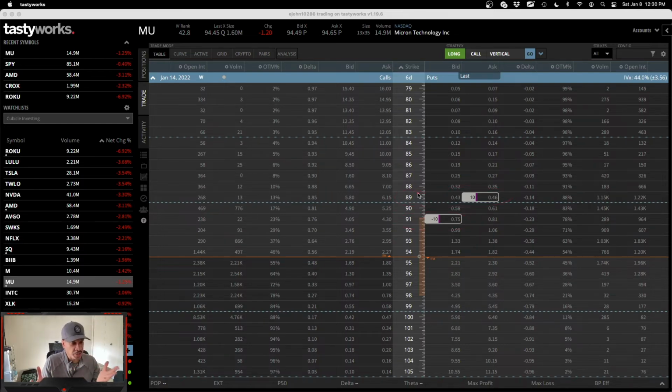So that creates a spread. So this here is a $2 wide spread. So it's the difference between 91 and 89, right? And I sold basically 10 contracts of this bull put credit spread on MU. The expiration date is January the 14th. So that's 6 days from today.